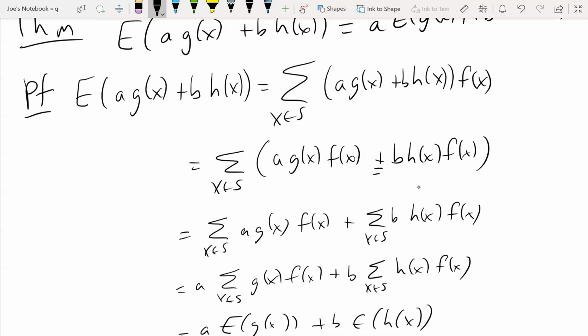You've dealt with other linear operators before in other classes. The limit operator in calculus is a linear operator because limits break up over sums and constants pull out. The derivative operator is a linear operator because it breaks up over sums and differences and constants pull out. The integral operator is a linear operator.